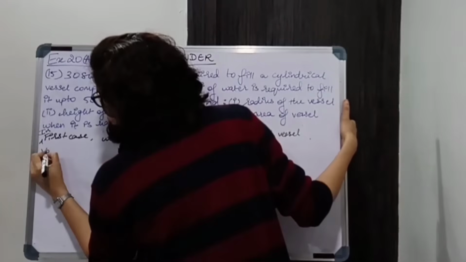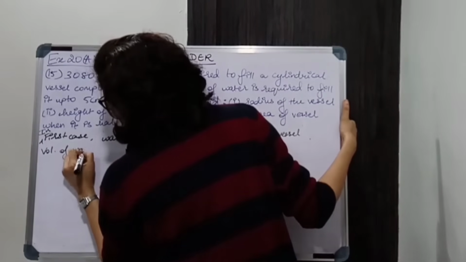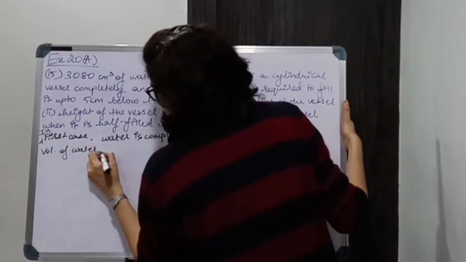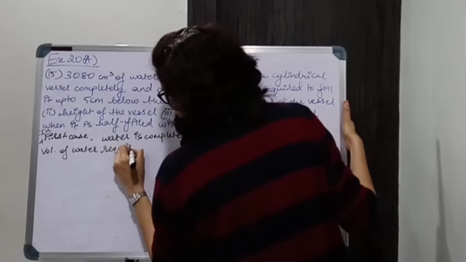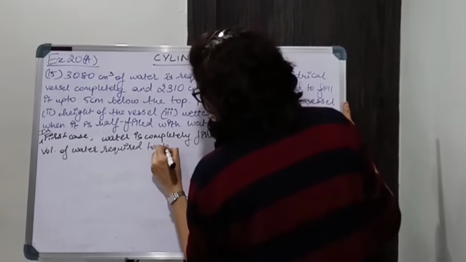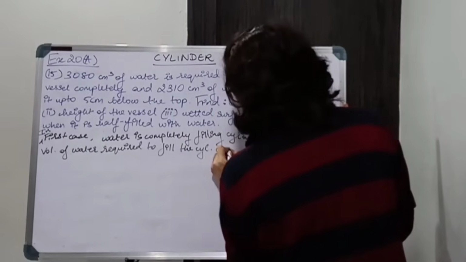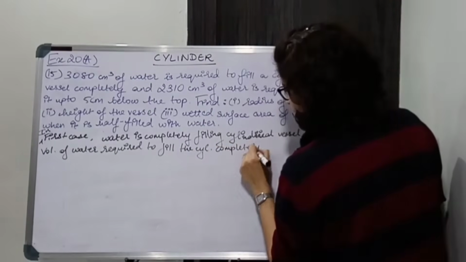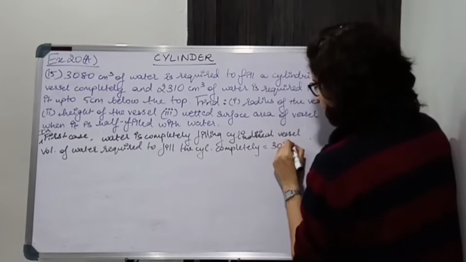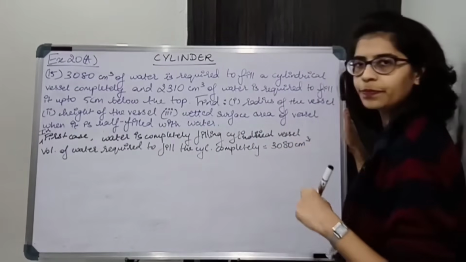So volume of water required to fill the cylinder completely is 3080 centimeter cube.